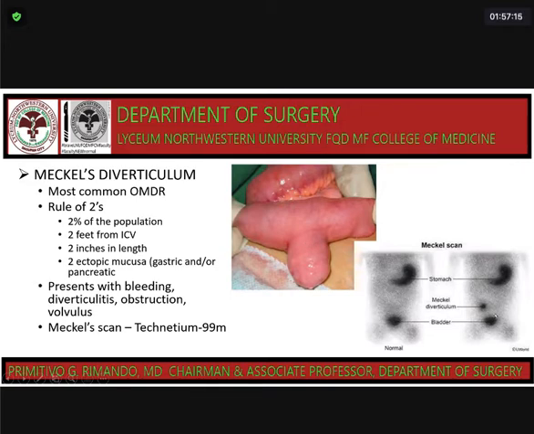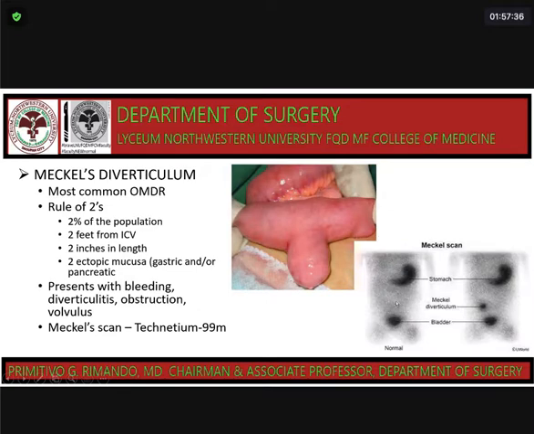Okay, this is a picture of your Meckel's scan, which will identify your Meckel's diverticulum. When we give technetium 99m, it will be picked up by the parietal cells of your stomach, and in the bladder.